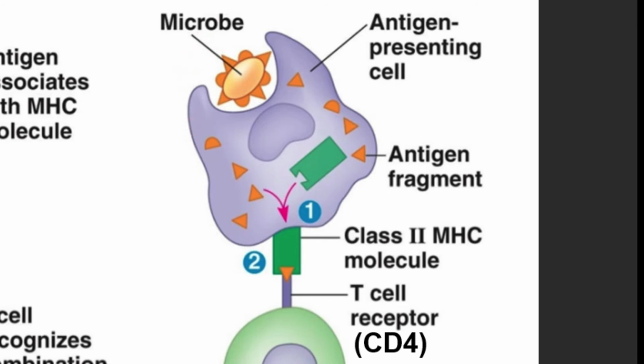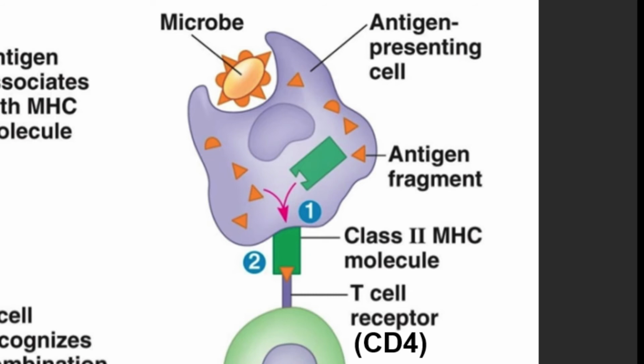So here, instead of having an infected cell, we have a cell which has phagocytized a microorganism, put it into a phagosome, fused it with a lysosome, digested it within this phagolysosome, and then as it's digesting and killing it, it is taking some antigen and presenting it in this class 2 MHC molecule.